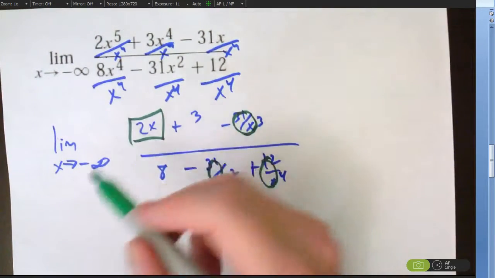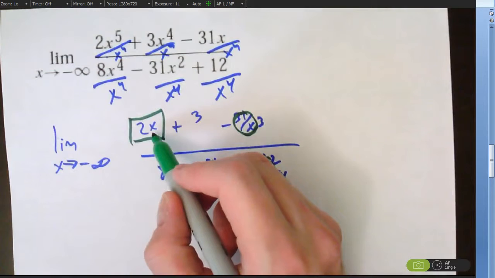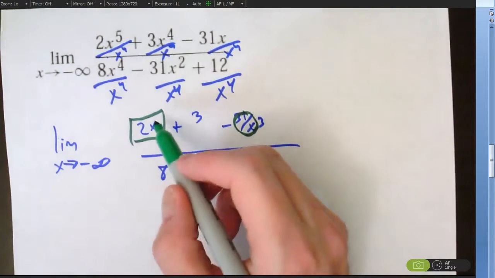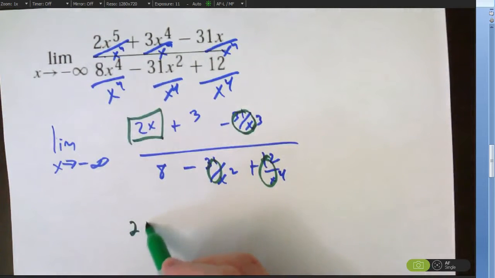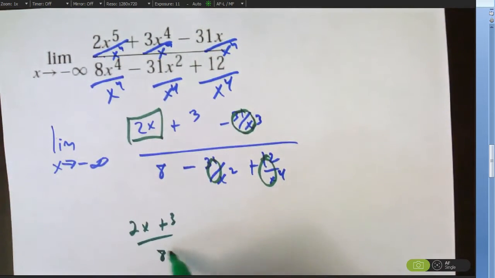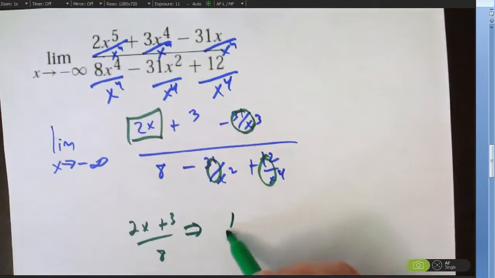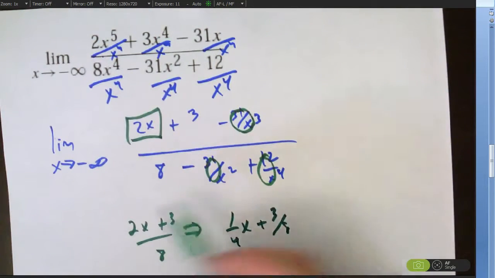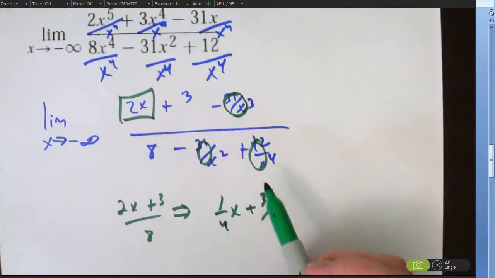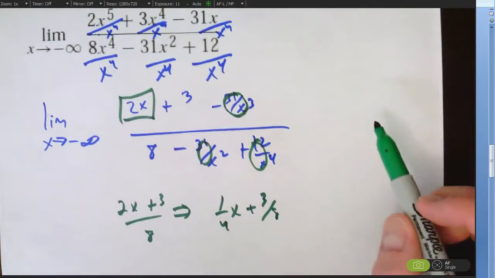Because I have this power on top that's going to keep growing and growing and growing. What I'm really going to get is something like the quantity 2x + 3 over 8, which is akin to 1/4 x + 3/8. It's not going to look exactly like it, but if you were to graph it, you would see it approaches almost like a line for an asymptote.